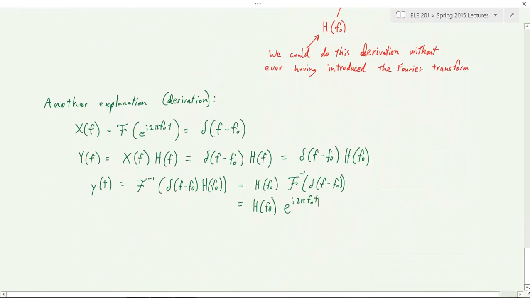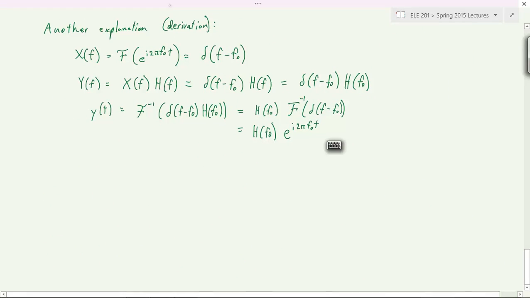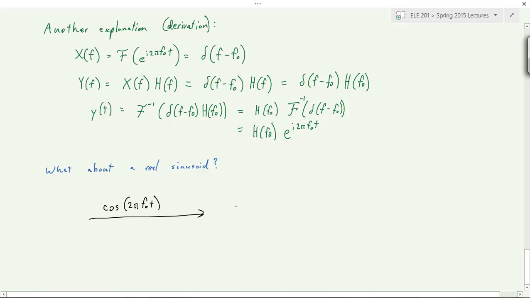Okay, so that means that if you actually put in a real signal, a real sinusoid, all right. So let's say cosine of some frequency comes in here. You have some LTI system.